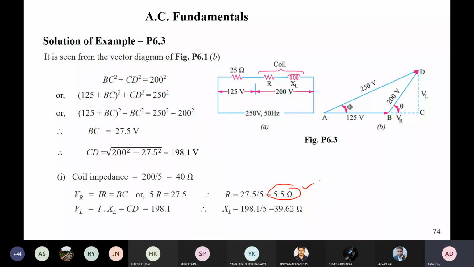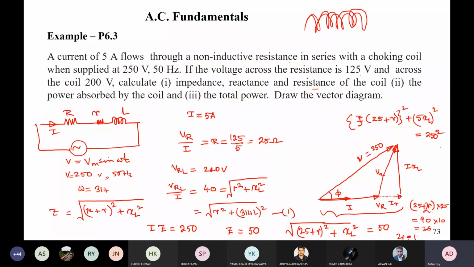Once you know r equal to 5.5, if you substitute here, you'll be able to find your XL. And if you know XL, then if you divide by 314, you will get the reactance, everything, and the value of the inductance also. The power absorbed by the coil is what?